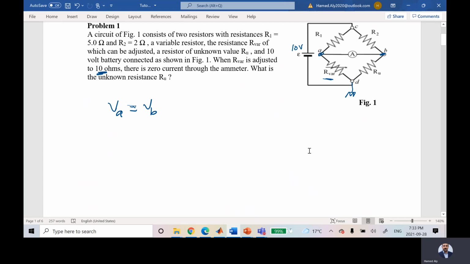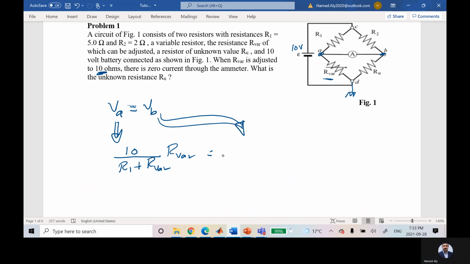So I can say VA could be represented by 10 divided by R1 plus R variable multiplied by R variable. And by the same way, I can say VB is represented by 10 divided by the summation of R2 and RU multiplied by RU.